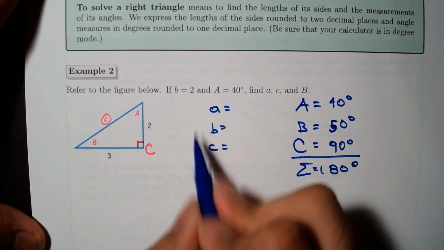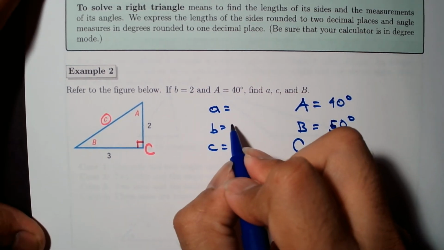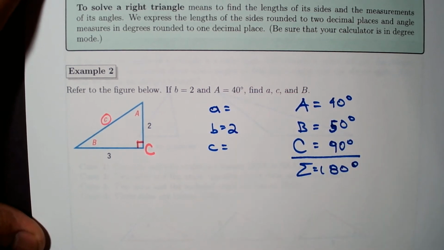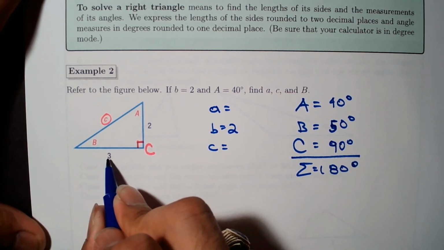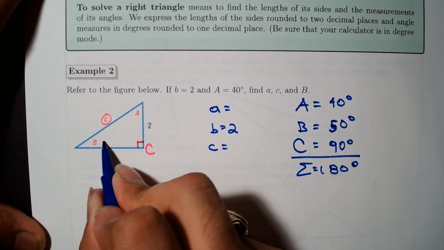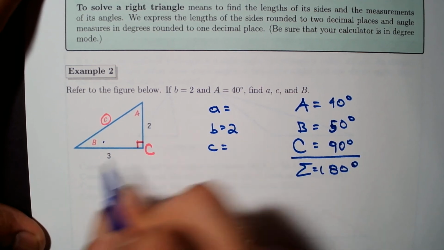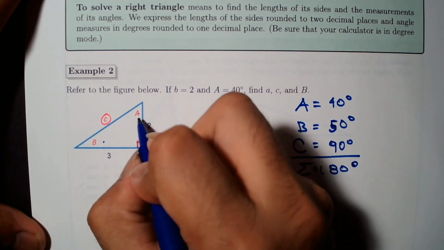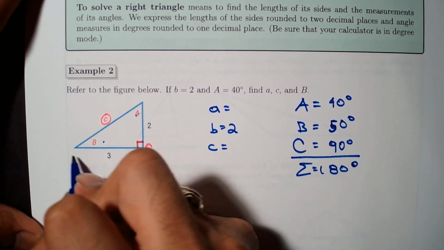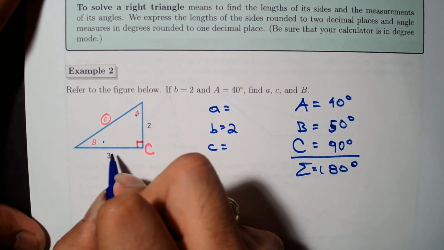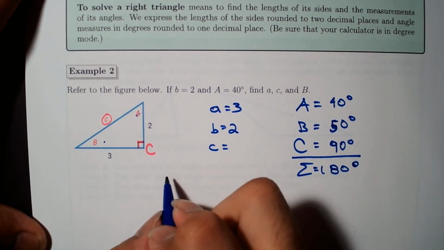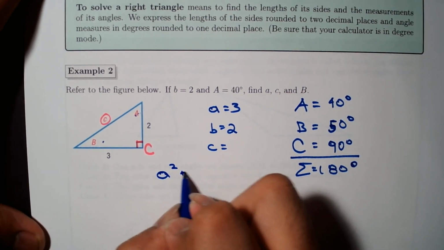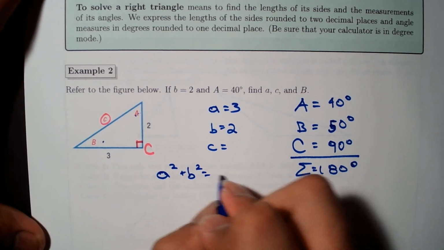Now for the sides. They're telling us that b equals 2, and this is angle A, so the side opposite to that angle, in this case, is 3. We need to find c, and we get that by a squared plus b squared equals c squared.